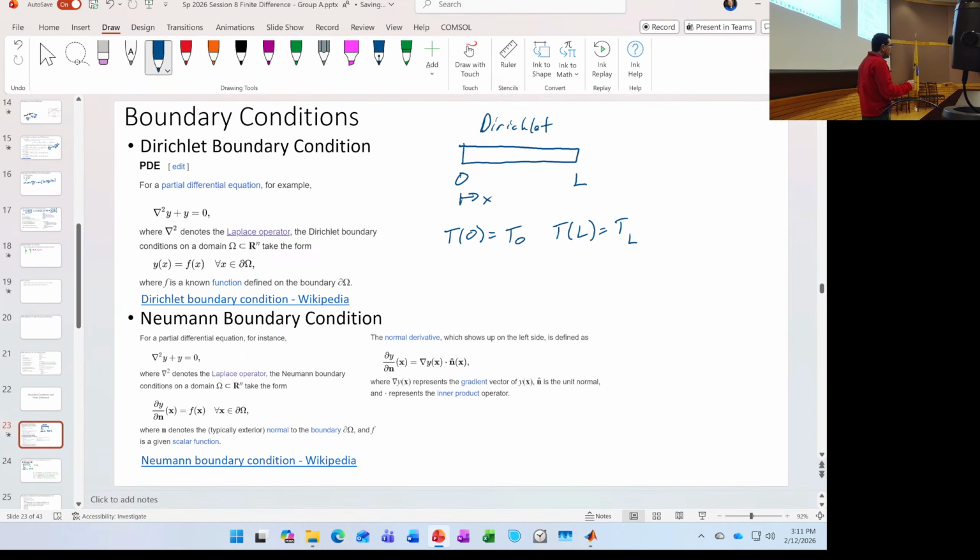Why? Because, yes, you have things going on inside. In fact, you have internal heat flux. I should have mentioned that. Remember, Fourier's law says that a change in temperature over a length is a heat flux, right? And I forgot to mention that, okay?